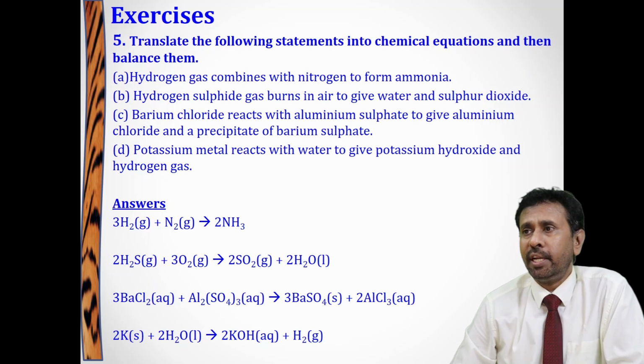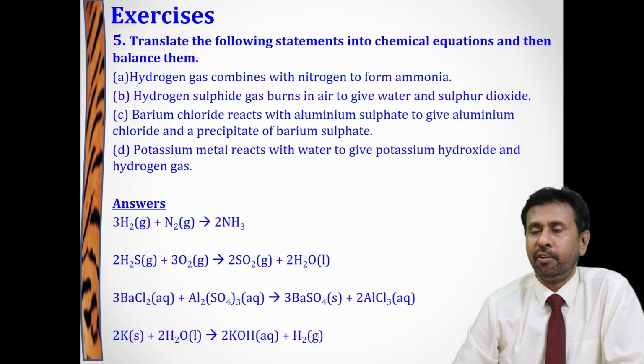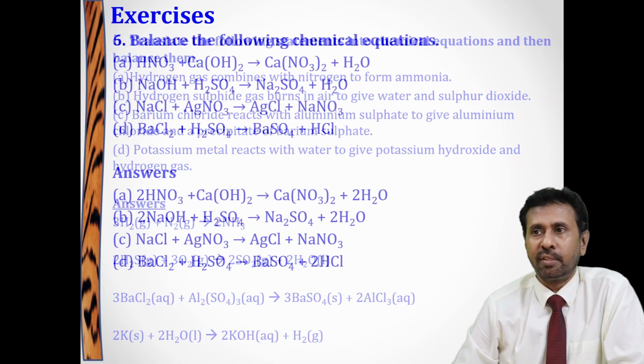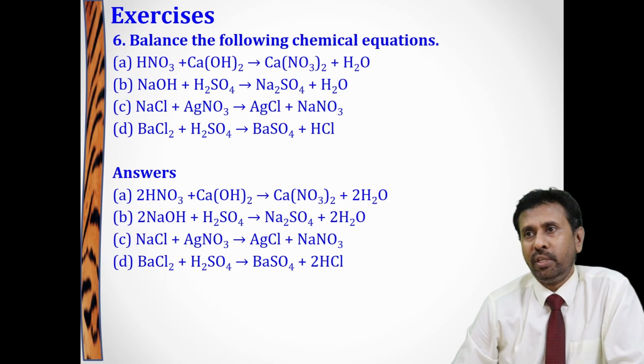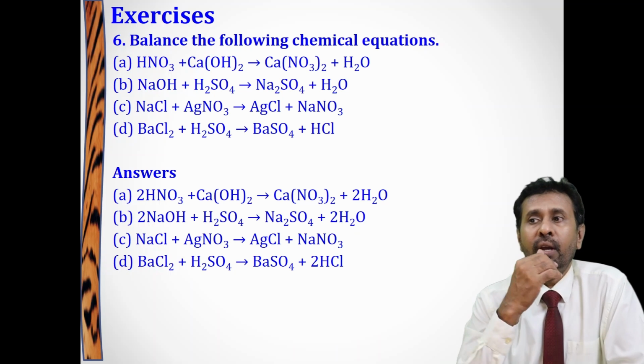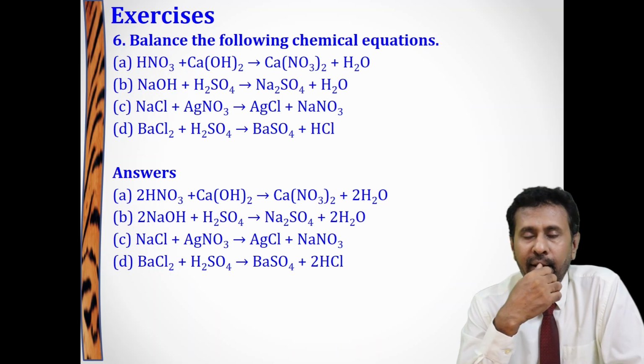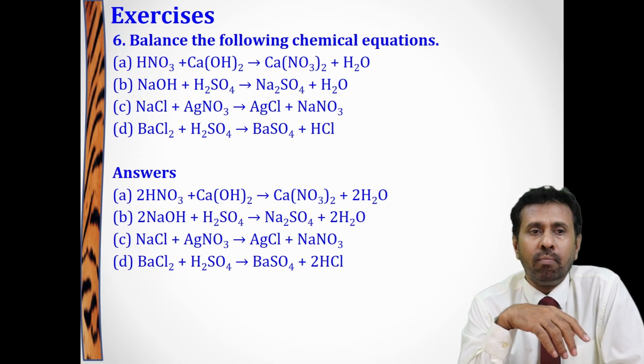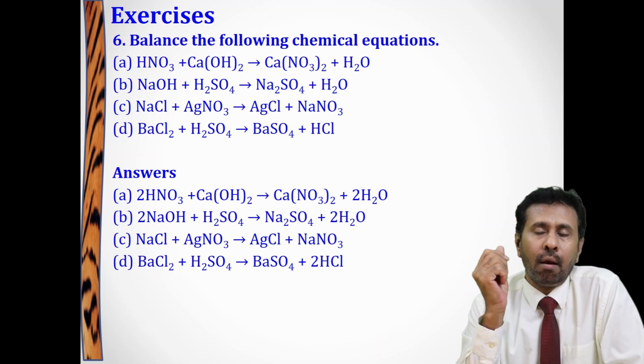Translate the following statements into chemical equations. It is self-explanatory and you can understand all these questions and the answers. Question number 6, balance the following chemical equations. I've given the answers again here, so you can make an attempt.